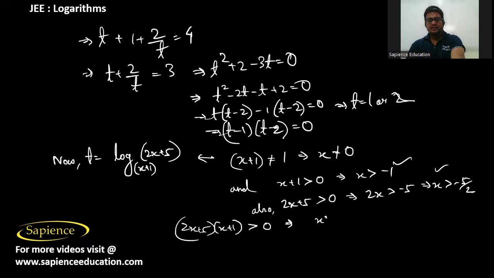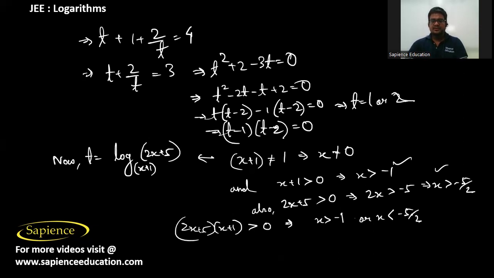It means x should be either more than minus 1 or x should be less than minus 5 by 2.